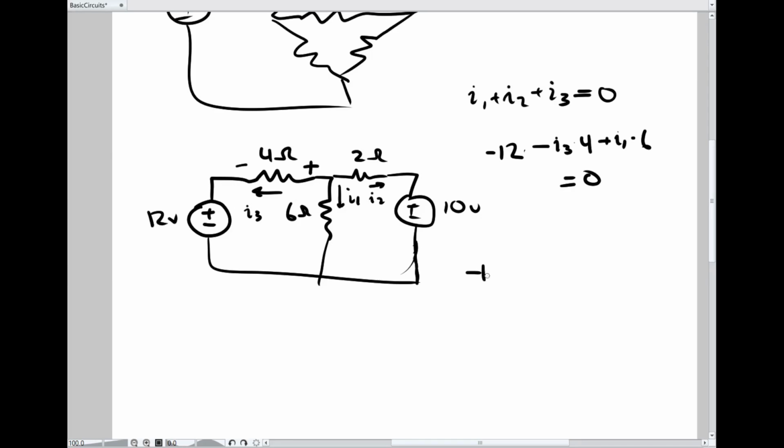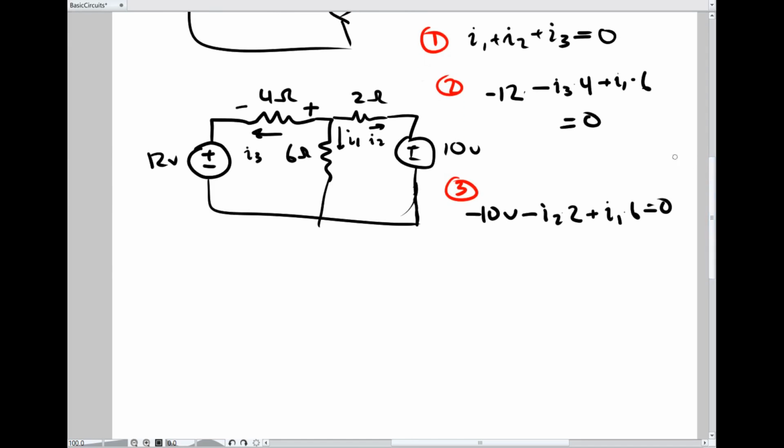So I can say minus 10 volts minus I2 times 2 plus I1 times 6 equals 0. And now I have 3 equations and 3 unknowns. Right? I have this one, I have this one, and I have this one. And so I can solve for the 3 currents, I1, I2, and I3.